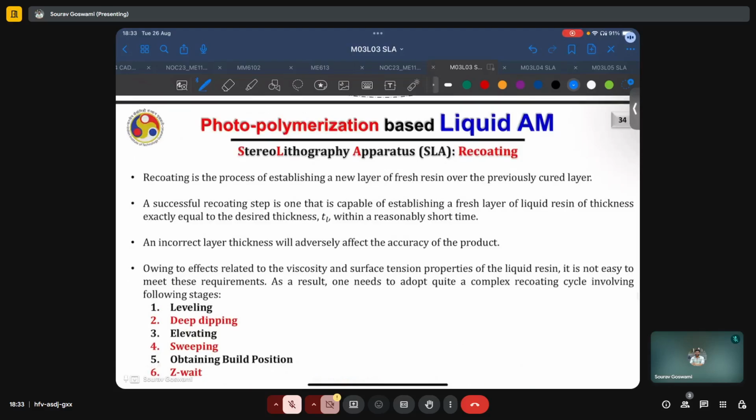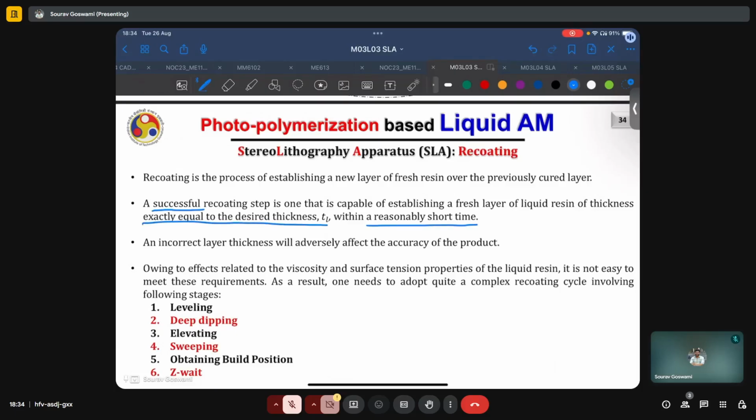Recoating in a 3D printing process is the process of establishing a new layer of fresh resin over the previously cured layers. A successful recoating step is one that is capable of establishing a fresh layer of liquid resin of desired thickness within a reasonably short time.